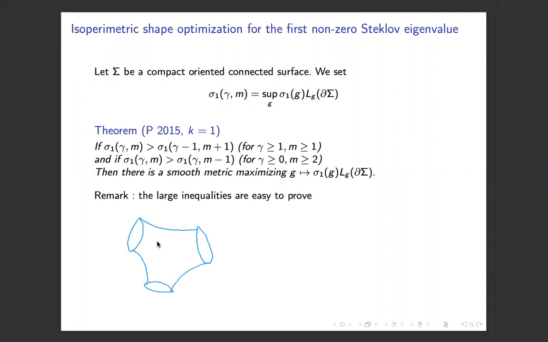We take a surface sigma of genus gamma minus 1 with m plus 1 boundary components. And we attach to this surface a strip along the boundary.